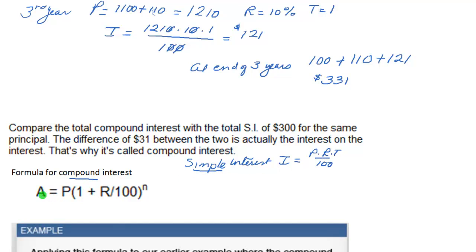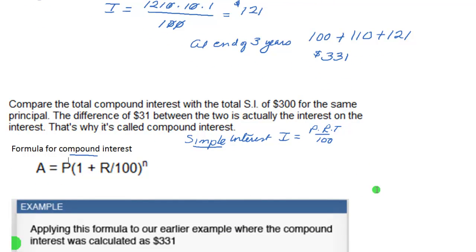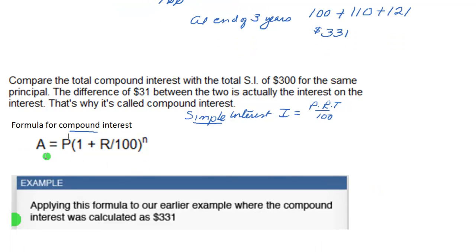Compound interest is the amount equals the principal times 1 plus the rate divided by 100 to the n. Okay, and n is the number of compoundings that you're going to have. So this gives you the amount left in the bank after you compound. This would be the way for us to calculate our 331.